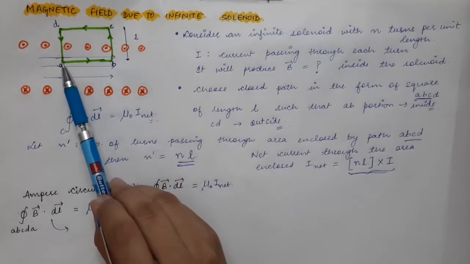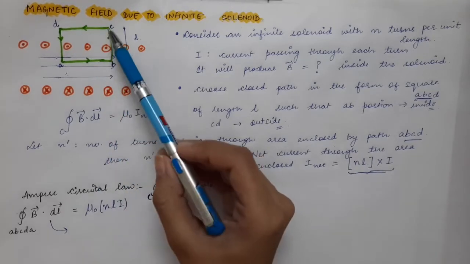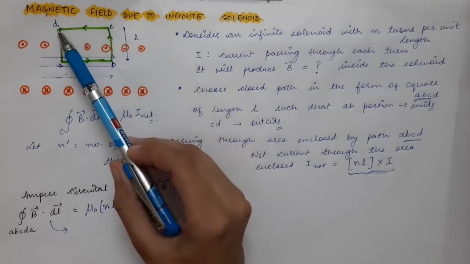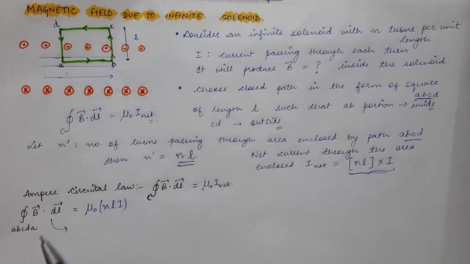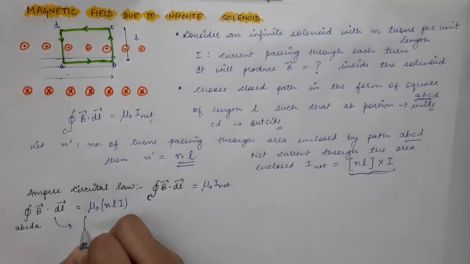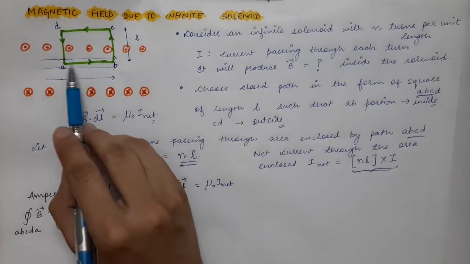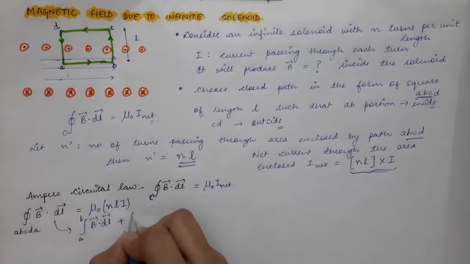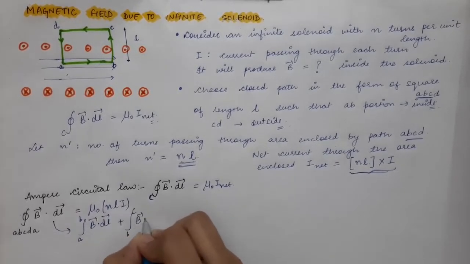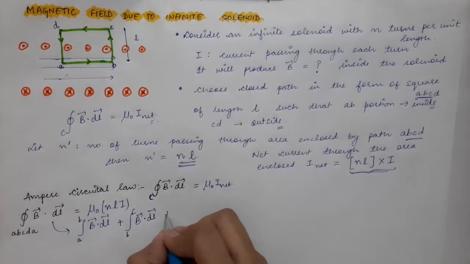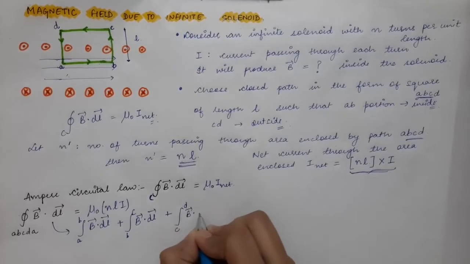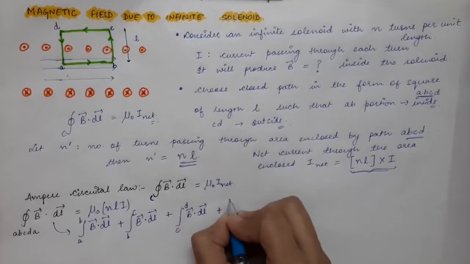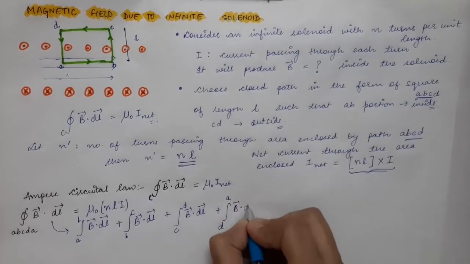One integral will go from A to B, another from B to C, the third from C to D, and the last from D to A. So we can break this closed line integral into 4 open line integrals: the open line integral from A to B of B vector dot DL vector, plus the open line integral from B to C of B dot DL, then C to D of B dot DL, then D to A of B dot DL.